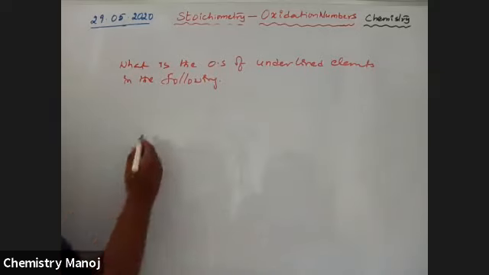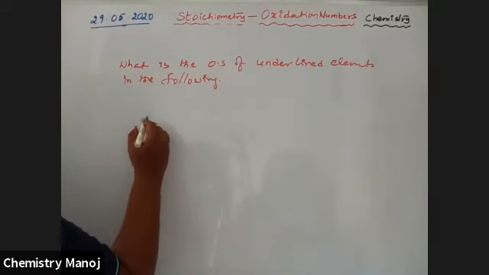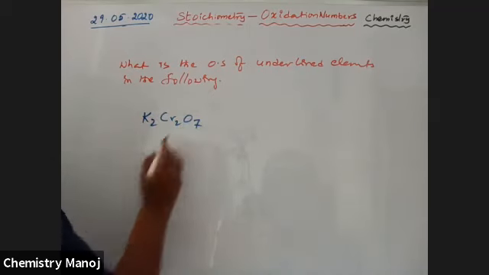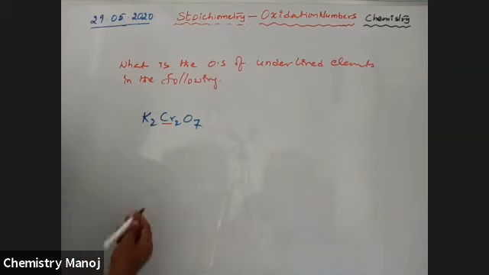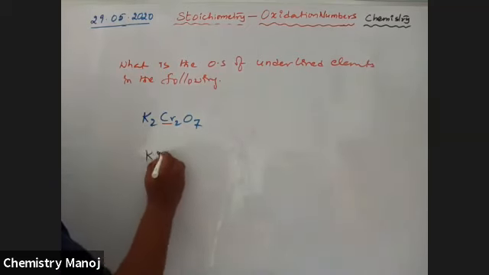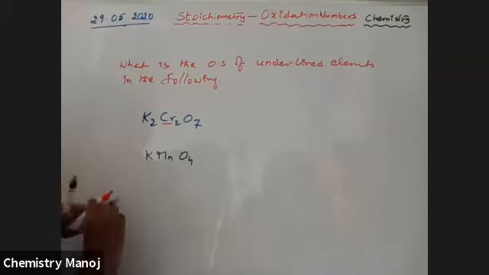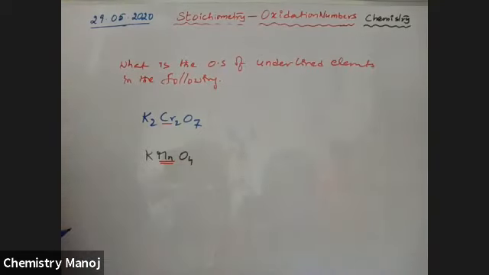So see here. That is K2Cr2O7. Underlined element is chromium. KMnO4. Underlined element is manganese.